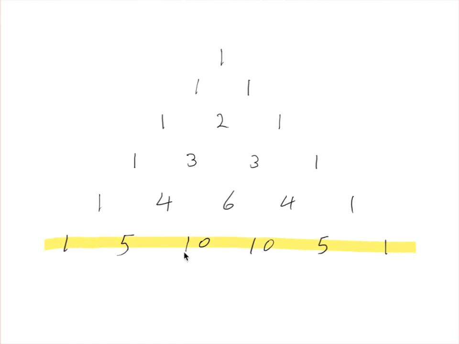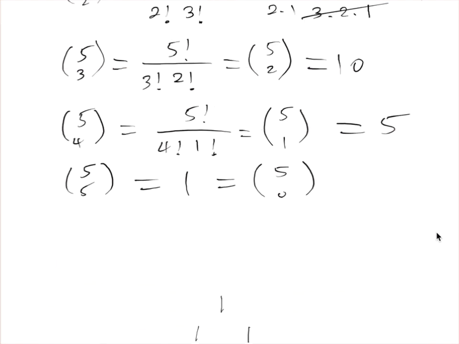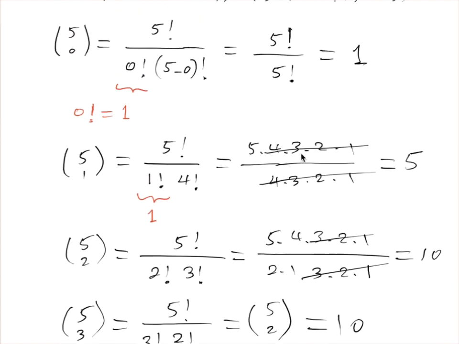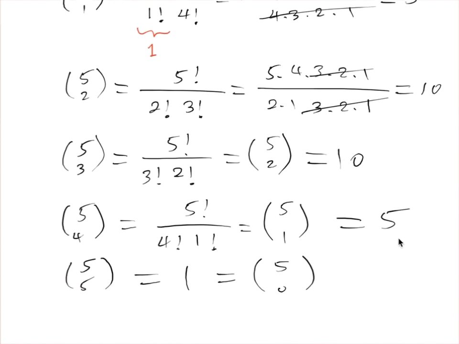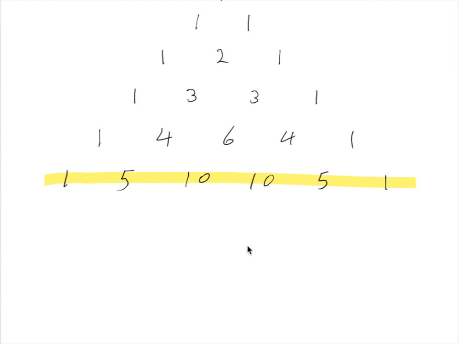It's not an accident that in the 5th row you have 1, 5, 10, 10, 5, 1, and those are exactly these numbers, 1, 5, 10, 10, 5, 1. So in other words, this one here is 5 choose 0. This one is 5 choose 1.